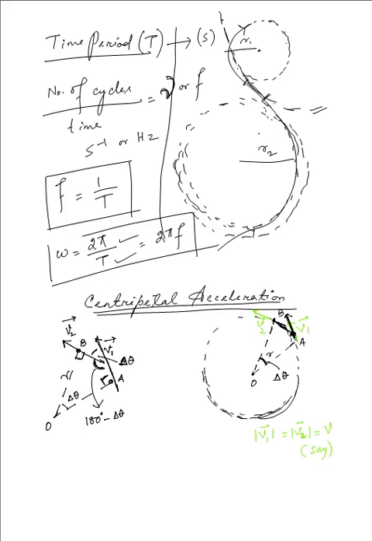Remember, for a quadrilateral, all the four angles add up to 360 degrees, and two angles, 90 and 90, go to 180. What is left is 180.